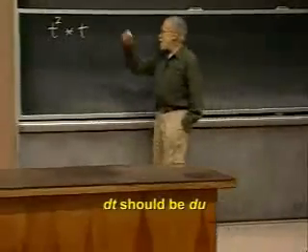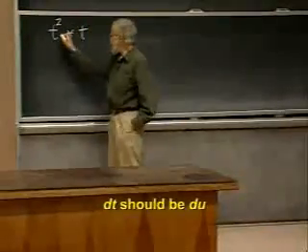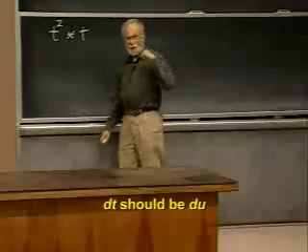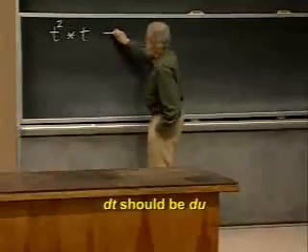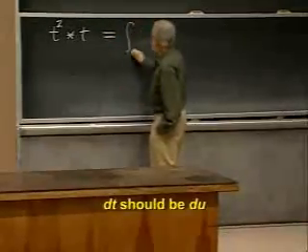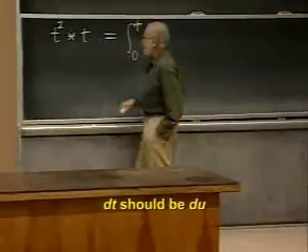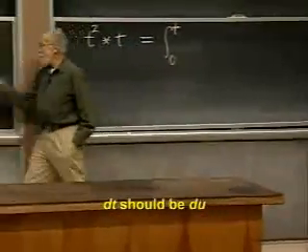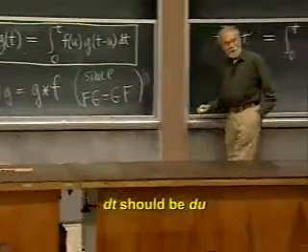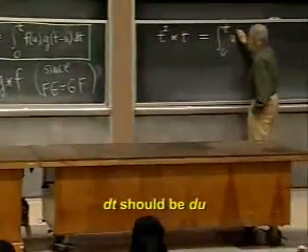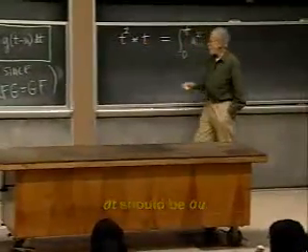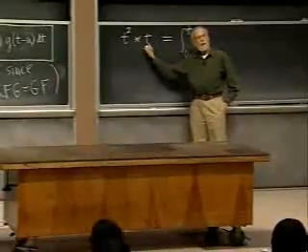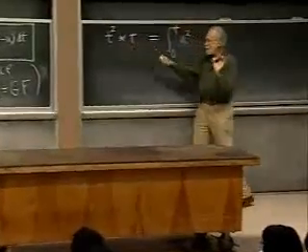Okay, let's calculate the convolution of t squared star t. Let's do it by the formula. All right, by the formula, I calculate the integral from 0 to t. Now, I take the first function, but I change its variable to the dummy variable u. So that's u squared. I take the second function and replace its variable by t minus u.